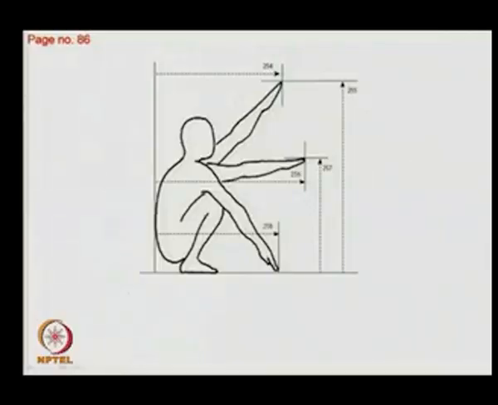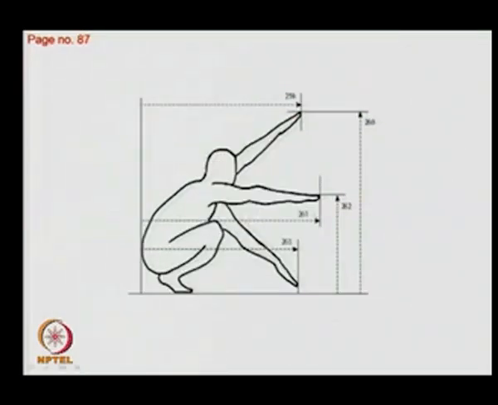Like in that example, we can take that length and then height at the sitting middle, height and length and the lower reaching distances. In bending posture, this maximum it can go to here.